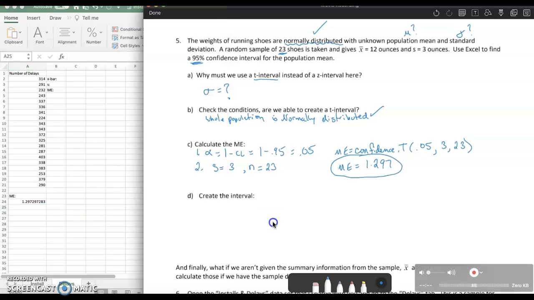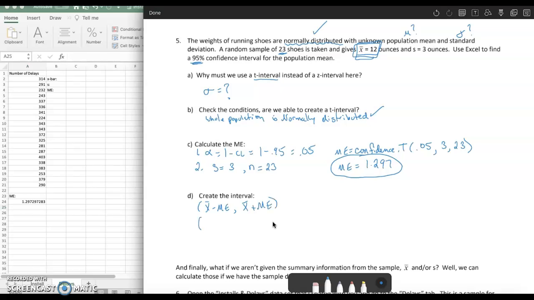And now I can create my interval because I happen to already have x bar. It was given to us up here. So we can do x bar minus the ME, comma, x bar plus the ME, which is 12 minus 1.297, comma, 12 plus 1.297. That gives us a lower limit of 10.7. Oh, I kept more decimal places than I really intended to, but that's okay.